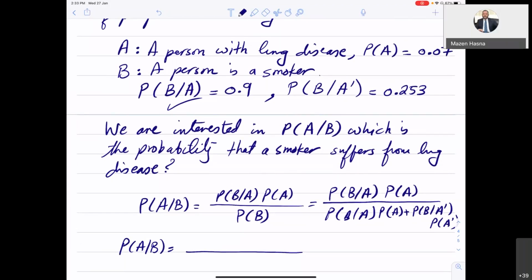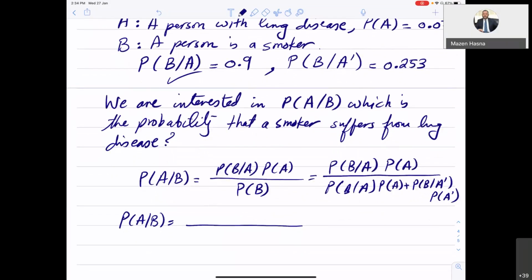So if they gather those who have lung disease in a certain area and you pick one of them randomly, what's the chance that that person is a smoker? Okay, thank you. So this you can do easily, but the other one is usually of interest to us. If we gather those who smoke, what will be the chance that some of them will have lung disease? That's what will be of interest. That's what we are calculating.